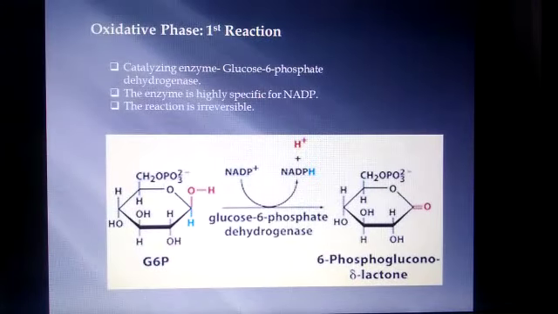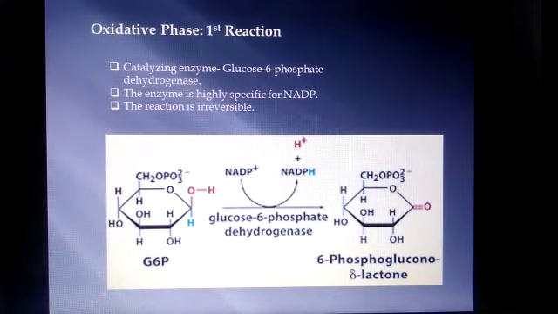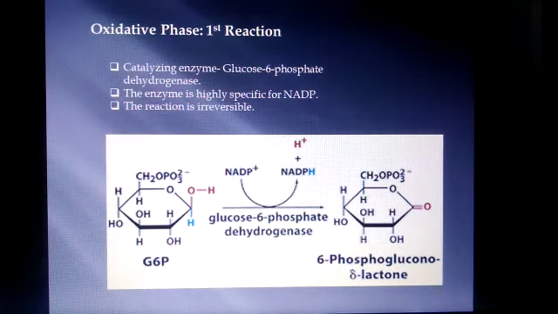The oxidative branch starts with the dehydrogenation of glucose 6-phosphate at carbon number 1. The reaction is catalyzed by the enzyme glucose 6-phosphate dehydrogenase, and it is highly specific for NADP+.